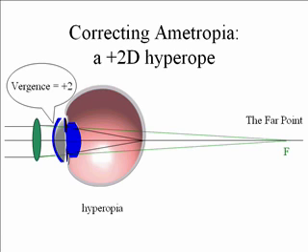A little bit interesting here. We've seen that as we've gone from the spectacle plane to the bozo plane in the myopic patient, we had to give him a more myopic lens. And with a hyperopic patient, we had to give him a less hyperopic lens. So in both cases, we are making the lens more minus, or making the lens less plus.